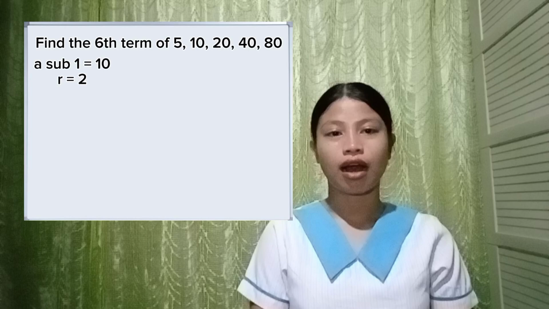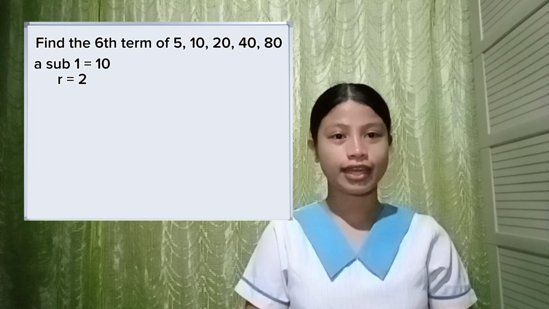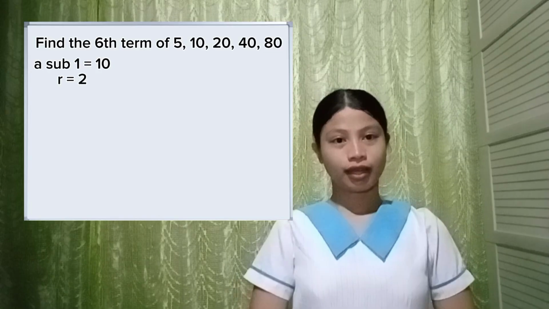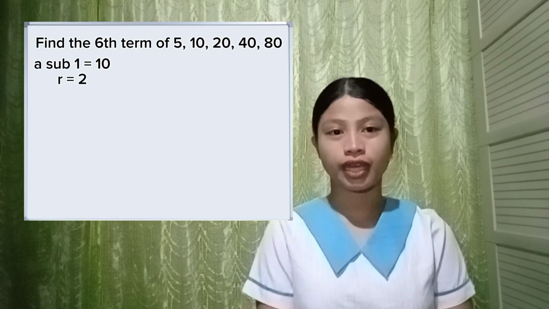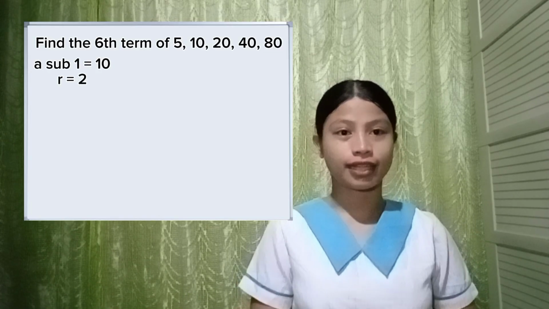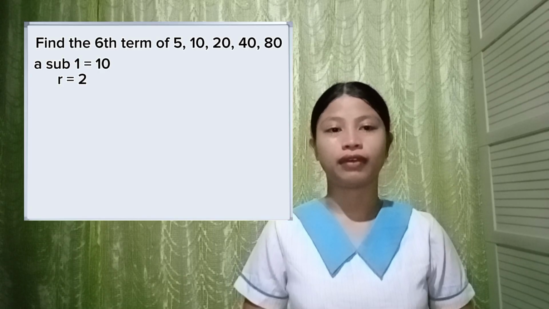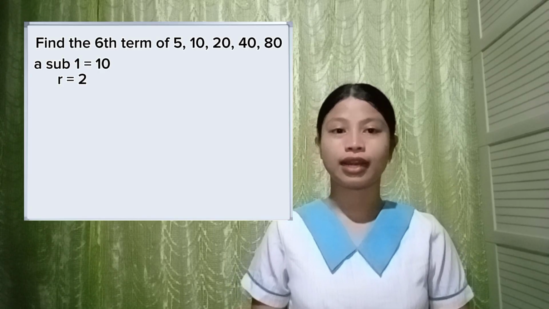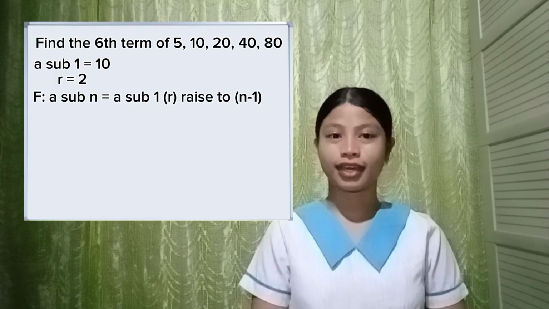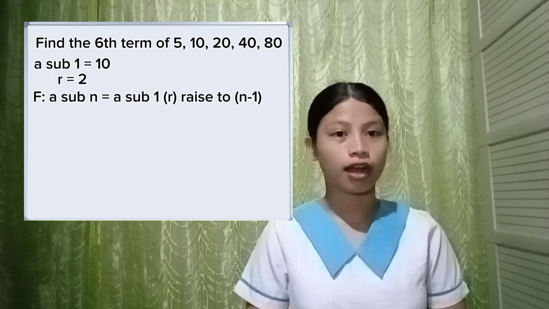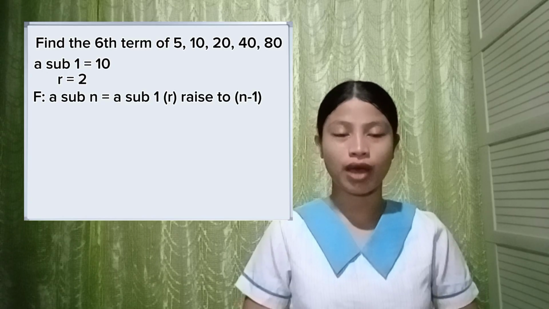Since the common ratio and a sub 1 are given, let's proceed to find the sixth term. So first, let's have the formula, which is a sub n is equal to a sub 1 times r raised to n minus 1.